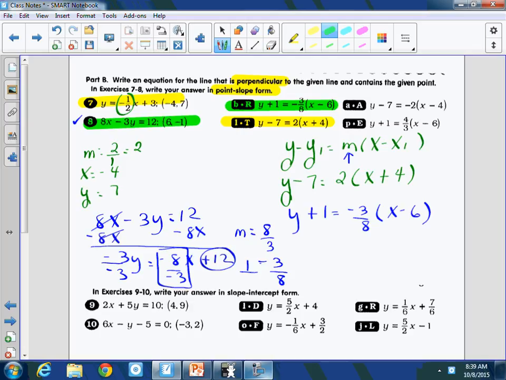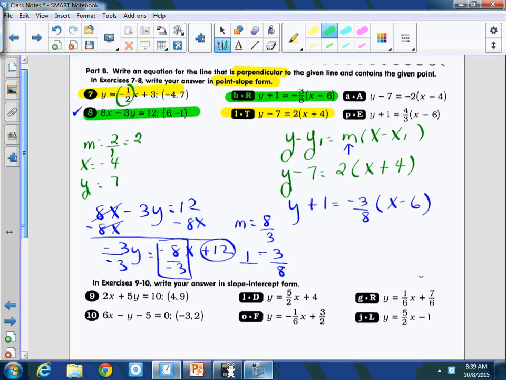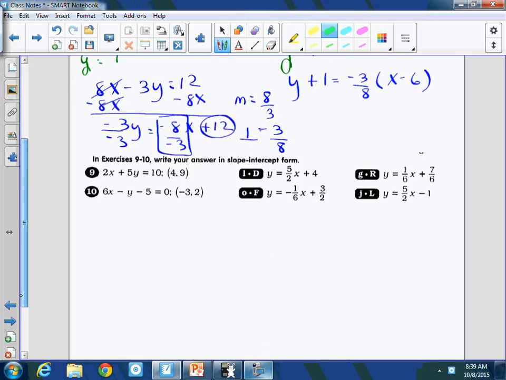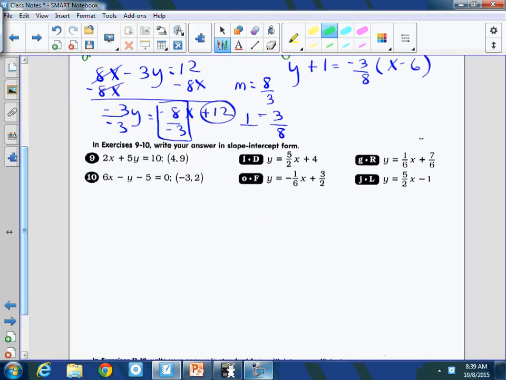Okay. And move it down. Or hold on for a second. Babies, may I? Okay, now this one is again perpendicular, but is slope intercept form.